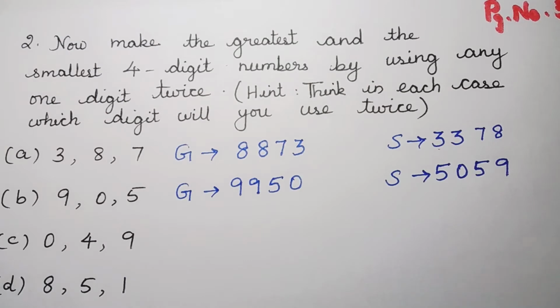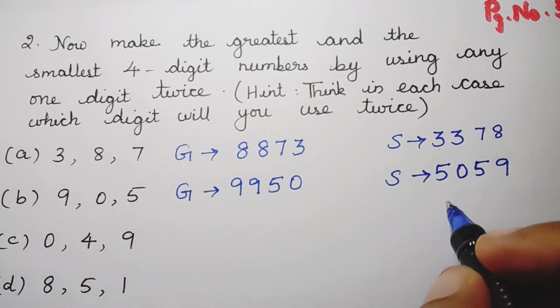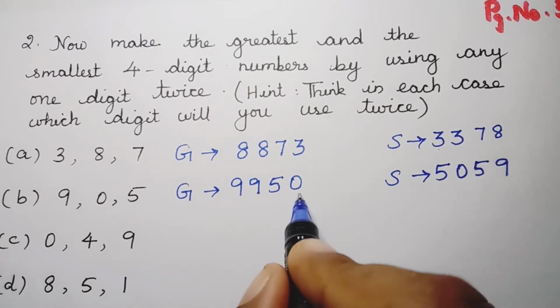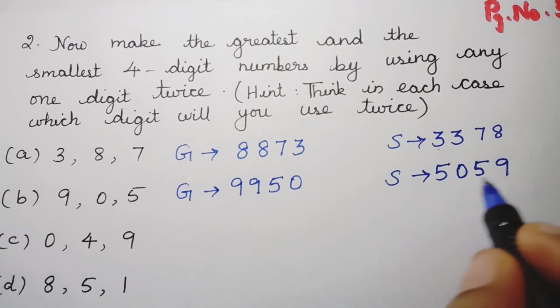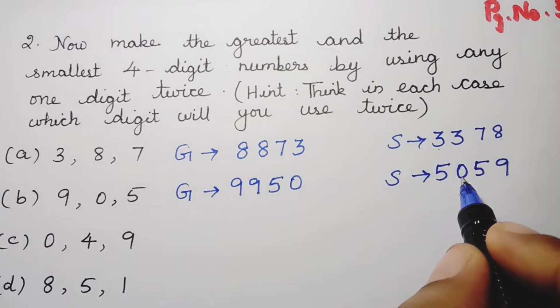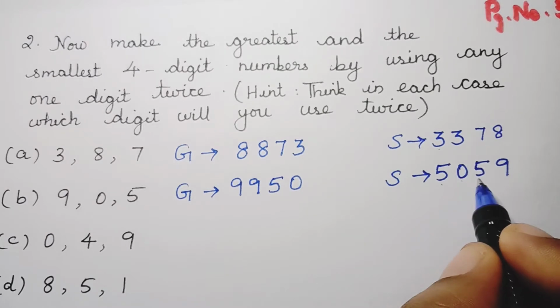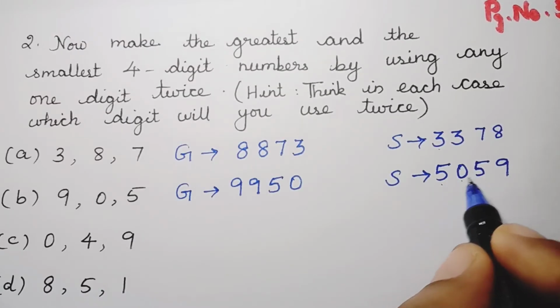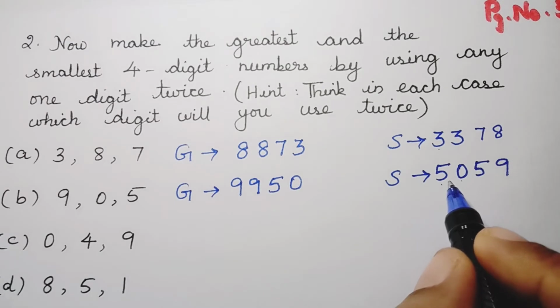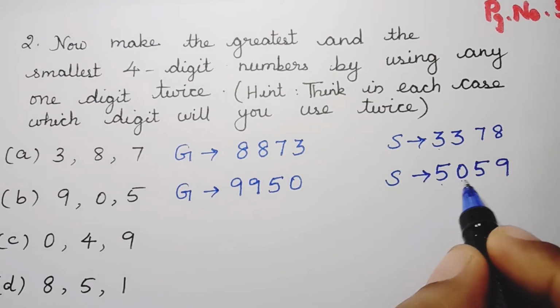Be careful on writing this. You have to write in ascending order, but you can't write the 0 at the first place. Also, you should not write both 5s together. So the answer will be 5059. This is the smallest number.